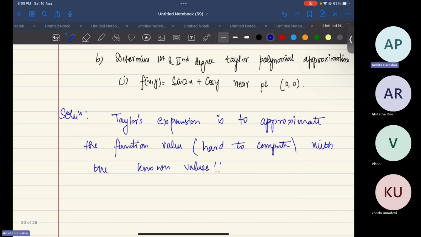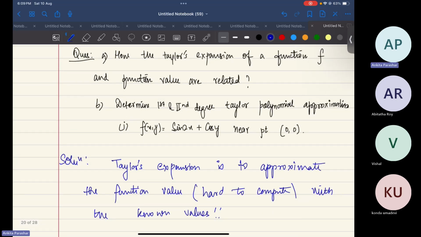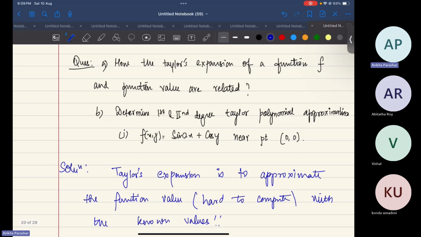The value which we want to compute may not be easy, but there are certain values we may know, and then we can use those known values to compute the function value which we do not know how to compute. Okay, this is what I want to say here. So it is the approximation.